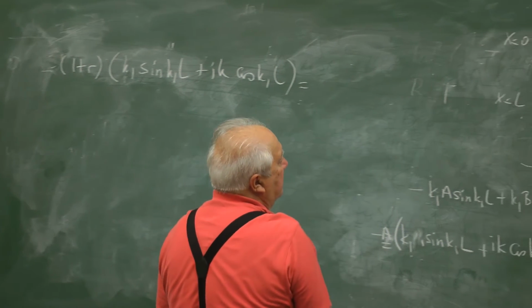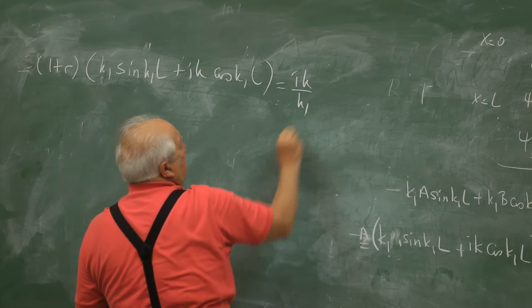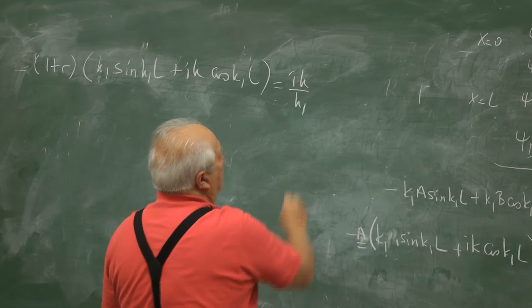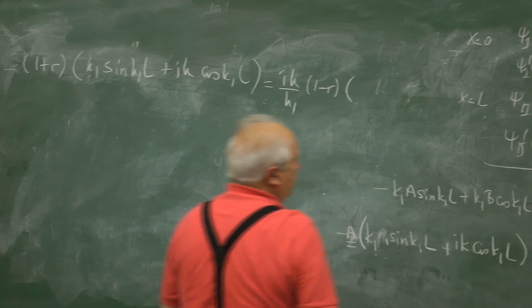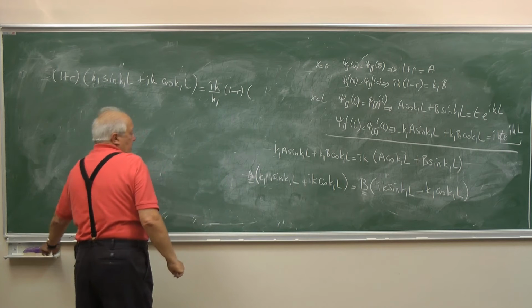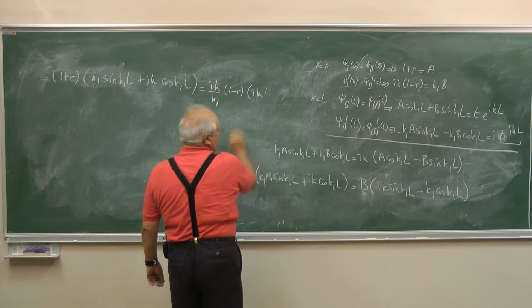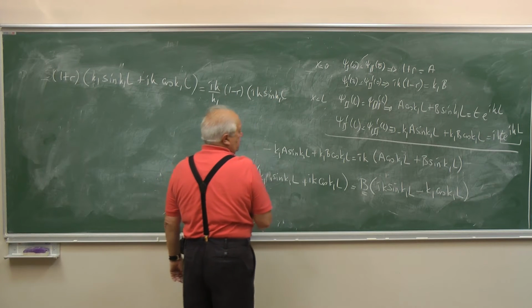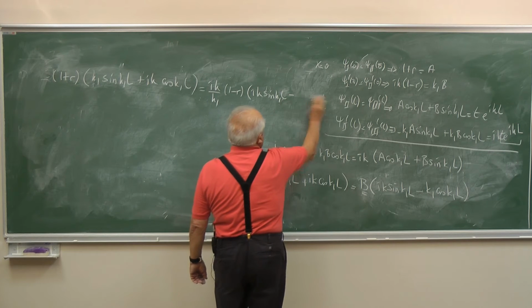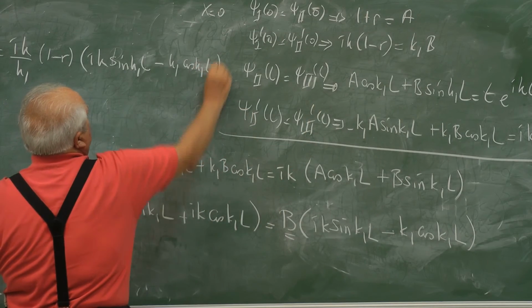That's equal to b, and b is ik over k1 times 1 minus r, times this part, ik sine k1L minus k1 cosine k1L.